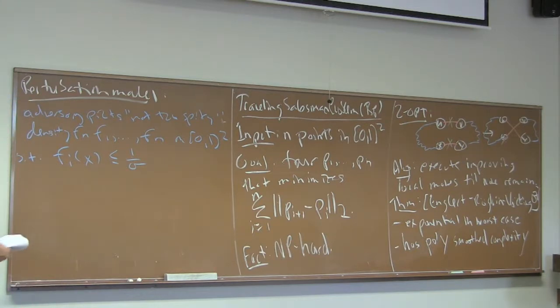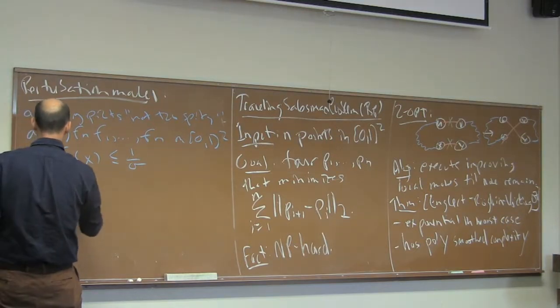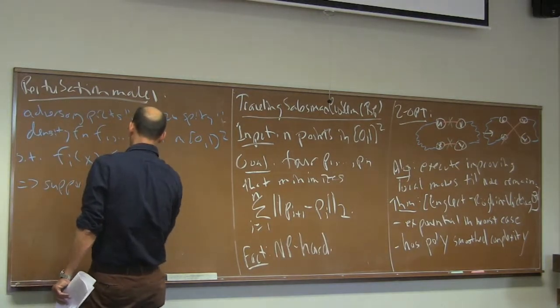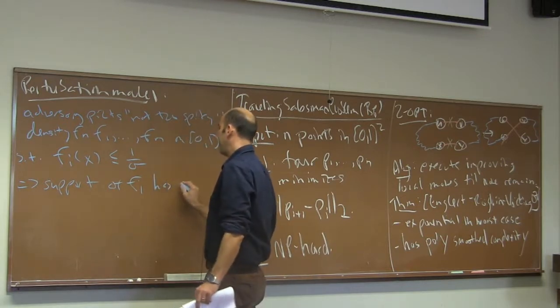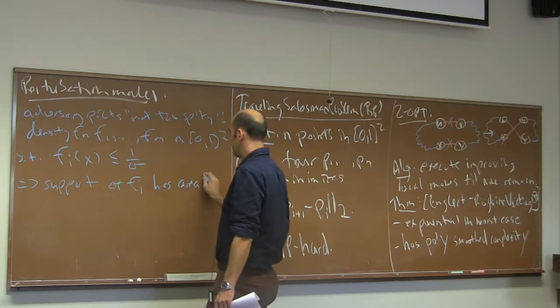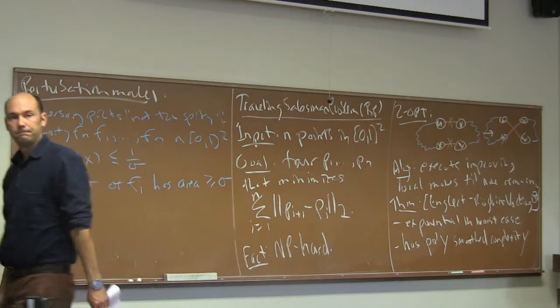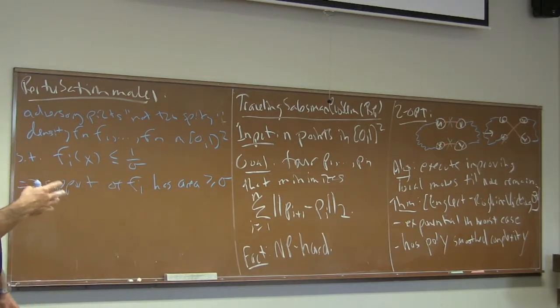More generally, and this is maybe a way I encourage you to think about this, this forces the support of a density Fi to have area, in the usual Lebesgue measure sense, at least sigma. This will hold with equality if and only if the distribution is uniform over its support.